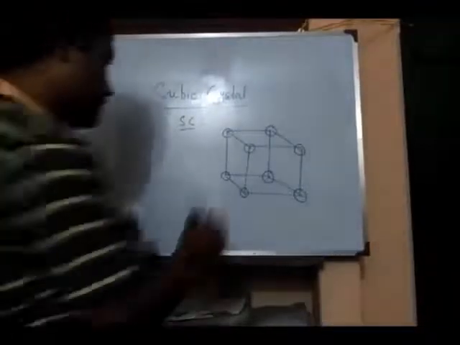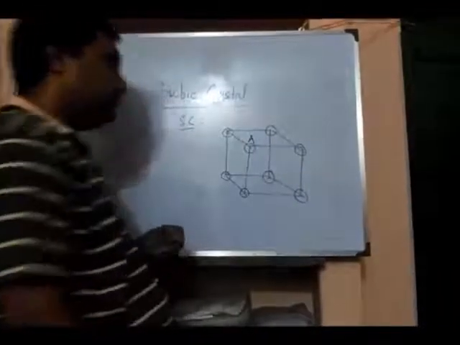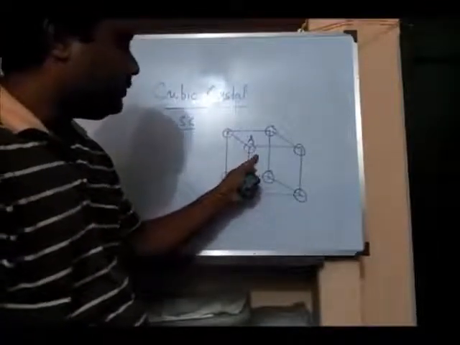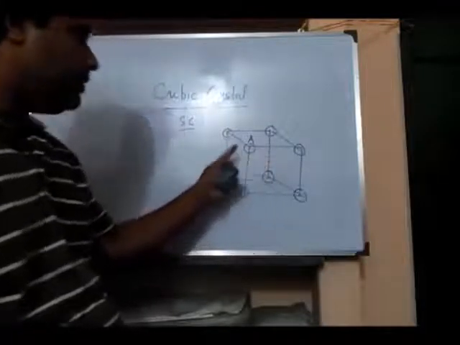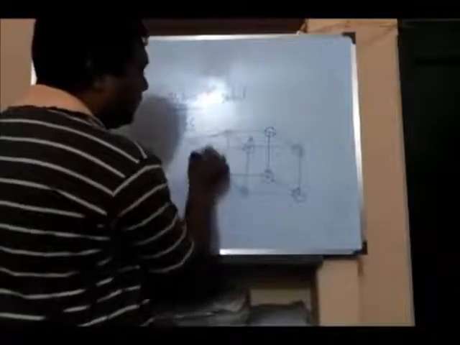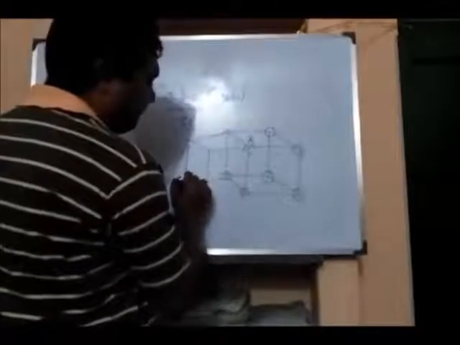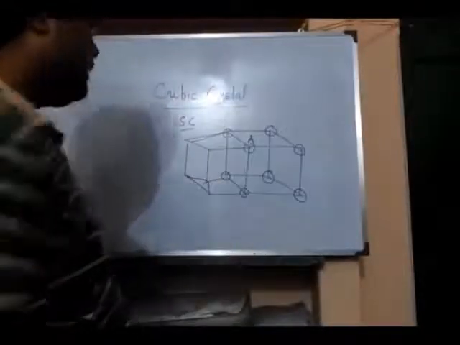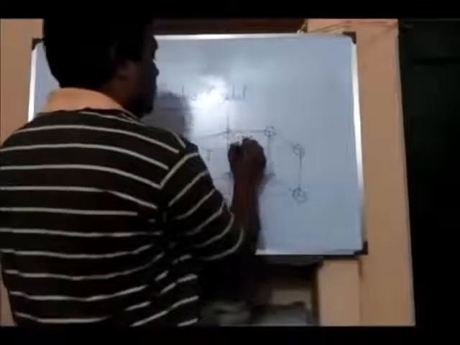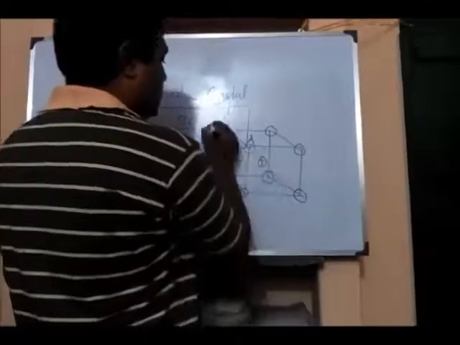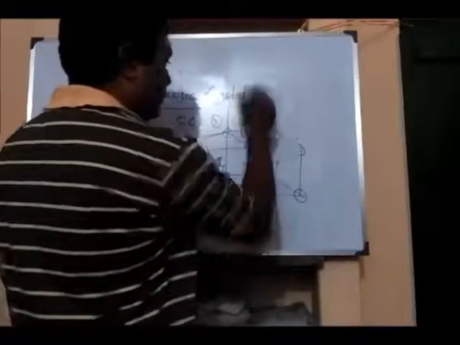Now, if you consider this A atom, now this A atom is a part of this unit cell, and if you see here there is another unit cell, and of course here in this part, so this is unit cell number 2, this is 1, this is 3, and this is 4.